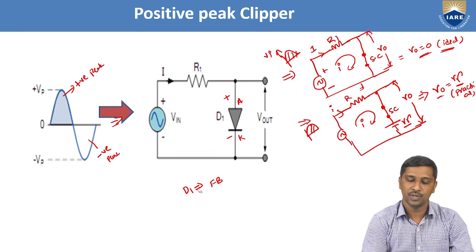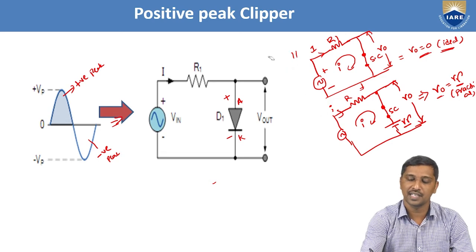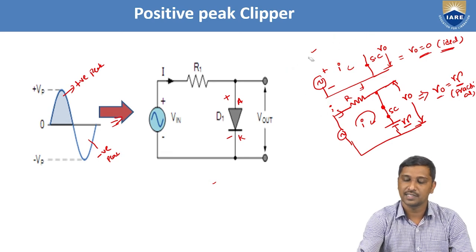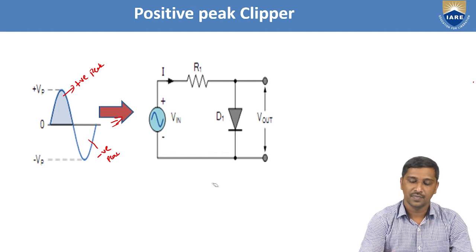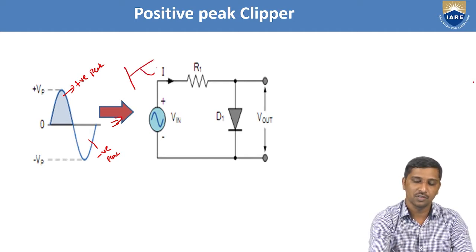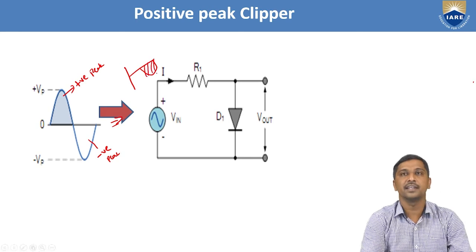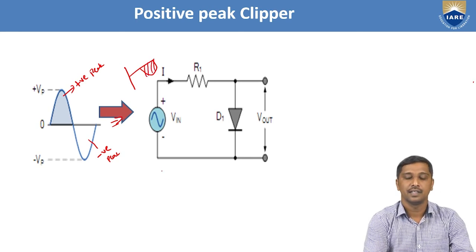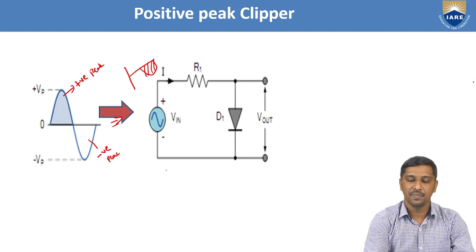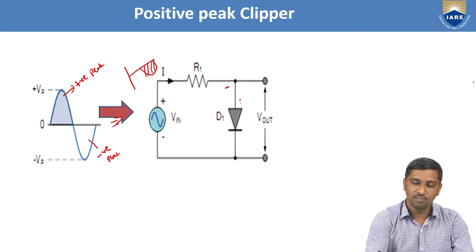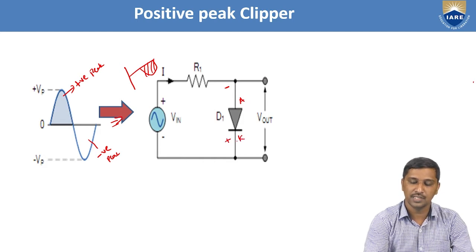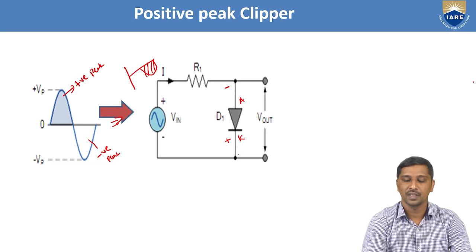Similarly, now we need to analyze what happens during the negative half cycle. Now I am going to apply a negative portion here. Let us consider when the input signal is a negative peak signal. The negative magnitude is passing through the anode with respect to the cathode, meaning the cathode is connected to the positive pole.